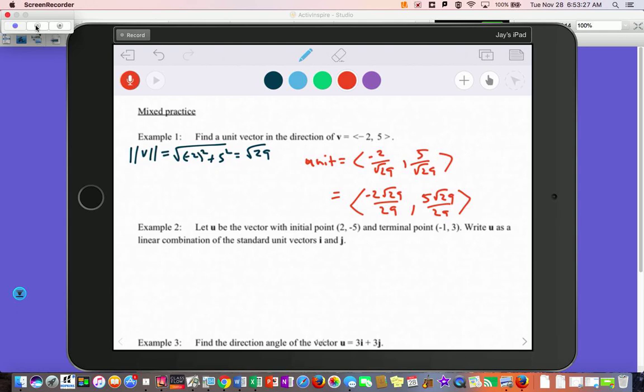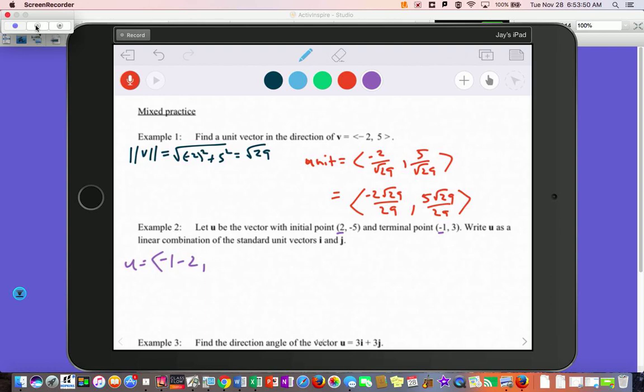The second one is let u be the vector with initial point 2, negative 5, and terminal point. Write u as a linear combination of the standard unit vectors. So to do this one, I first would find the component form for vector u. So I'm going to do the terminal negative 1 minus the initial 2.